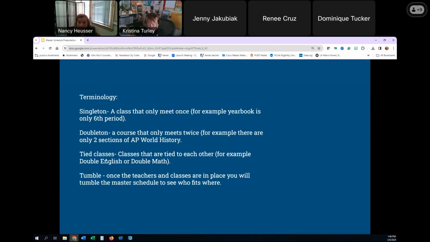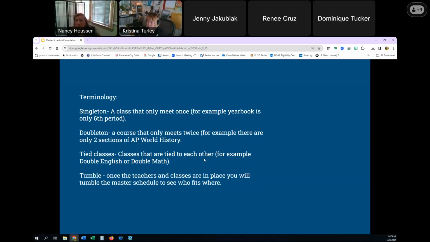And then tied classes are classes that are tied to each other. These are usually your double English, your double math, your ELD classes, because period 1 has to go with period 2. Or in some circumstances, period 2 has to go with period 7. It's however you've tied them in your schedule.